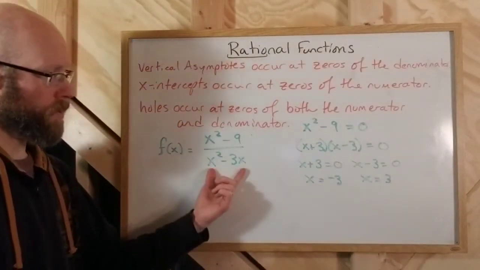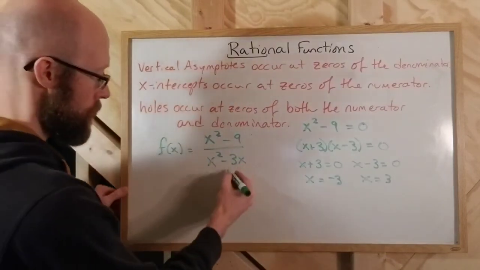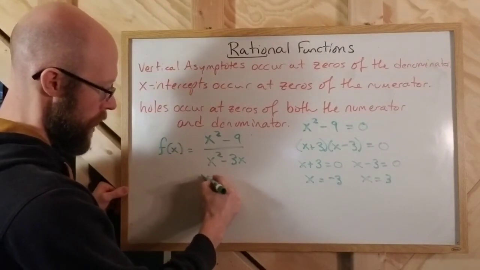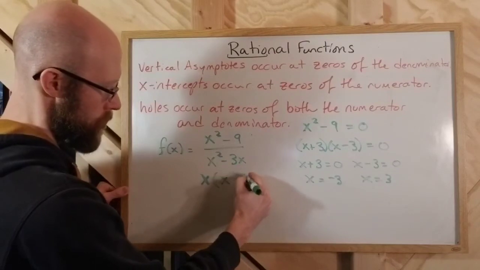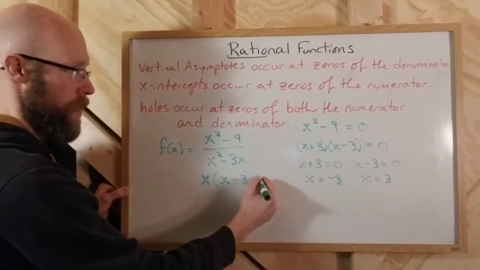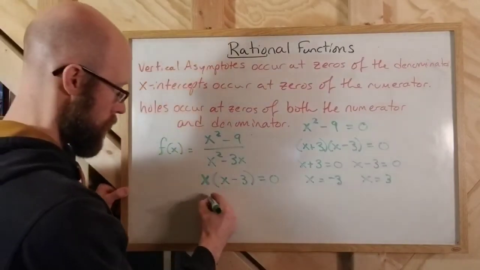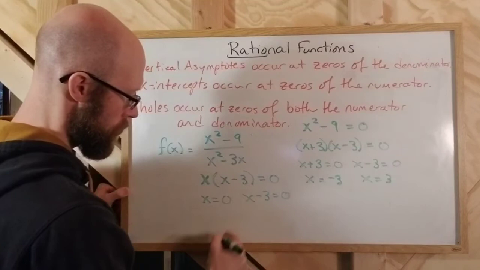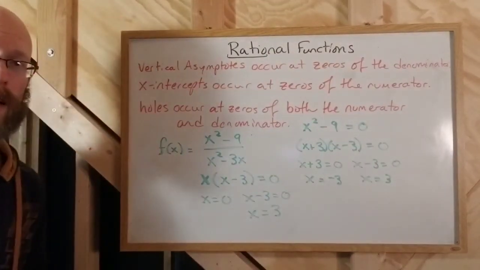This denominator, I'll just work this one out directly underneath so as to save a little space. The denominator here, I could factor out a common factor of x, and that gives me x minus 3 left over. If I set each factor equal to 0, x equals 0, and x minus 3 is 0, so x would equal 3 when I add 3 to both sides.